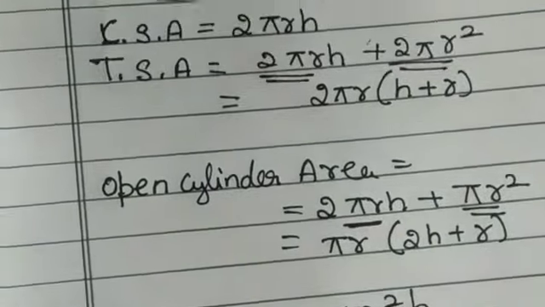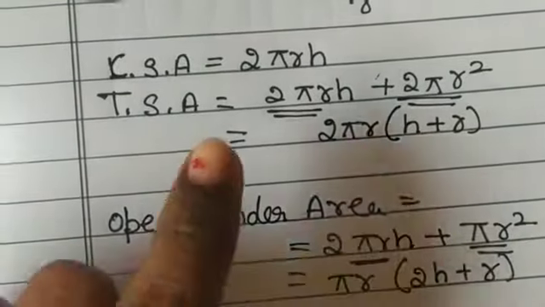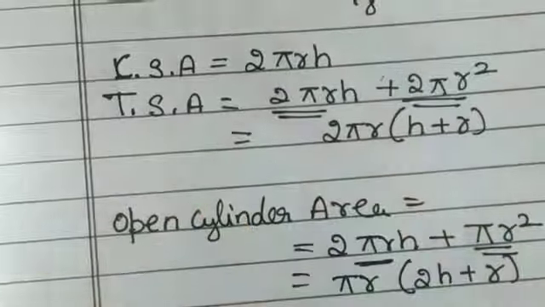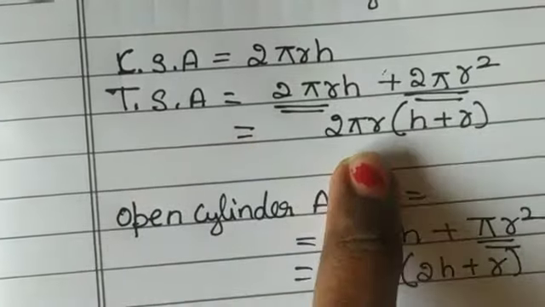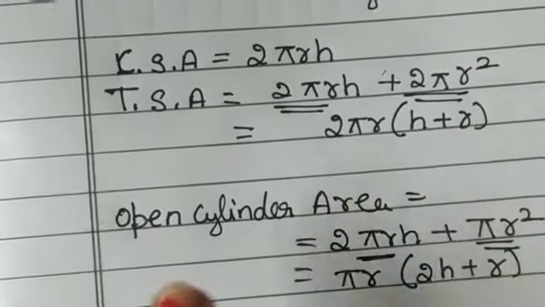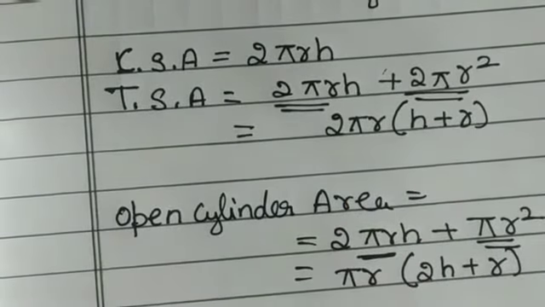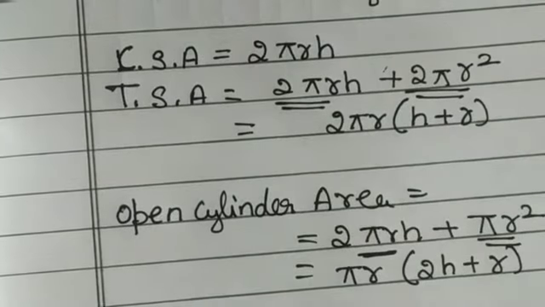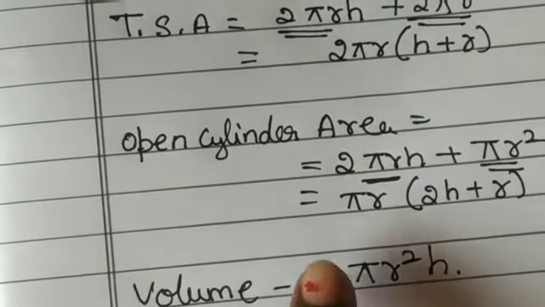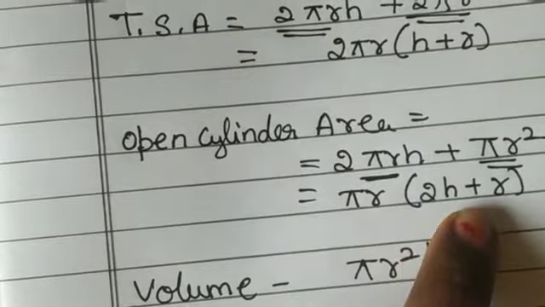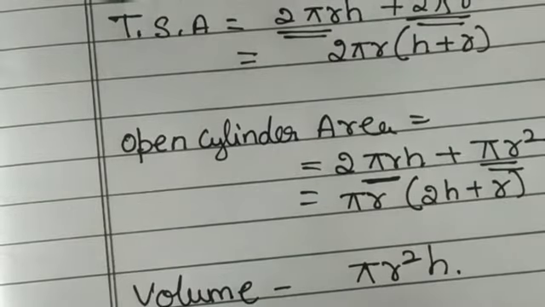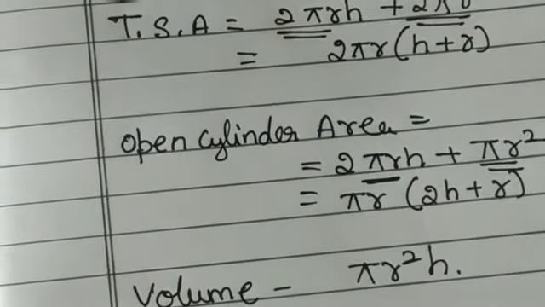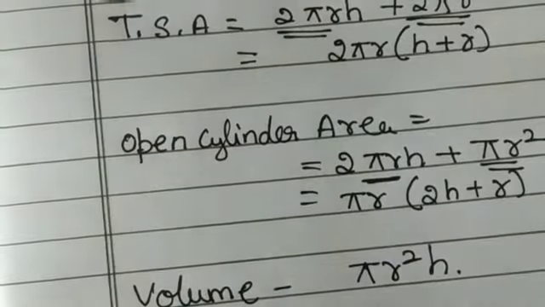Here we got three formulas for the cylinder: 2 pi rh for the curved surface area, 2 pi r(h plus r) for the total surface area, and if they tell us to find the open cylinder area, we will use the formula pi r(2h plus r). And the volume of the cylinder is pi r square h. Now we are going to learn about the cone.